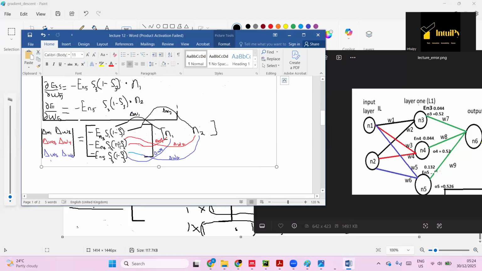This times this tells you how much to adjust W3. This times this will tell you how much to adjust W4. This times N1 will tell you how much to adjust W5. And lastly, this times this would also tell you how much to adjust W6.